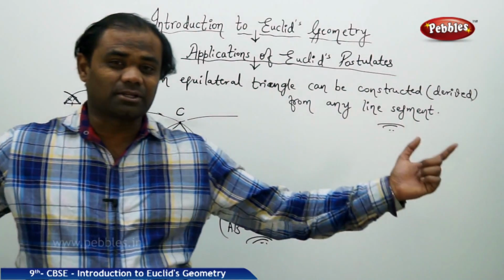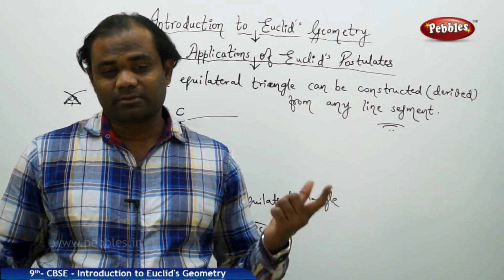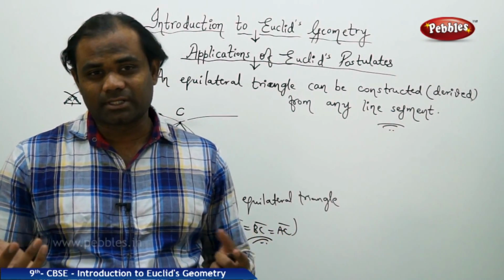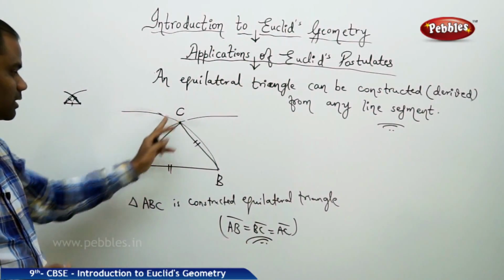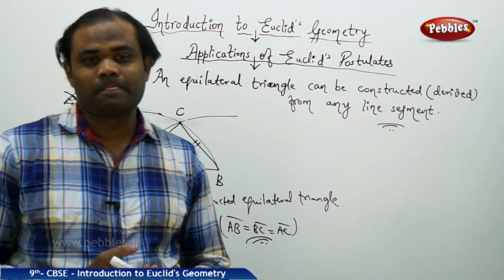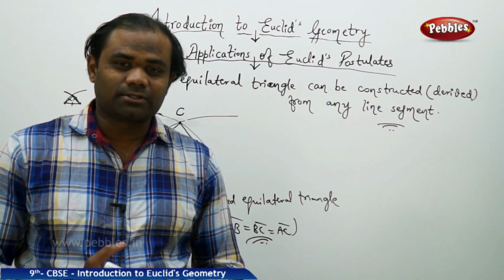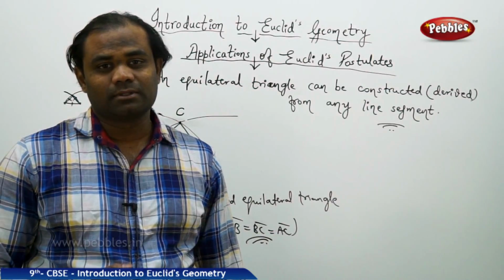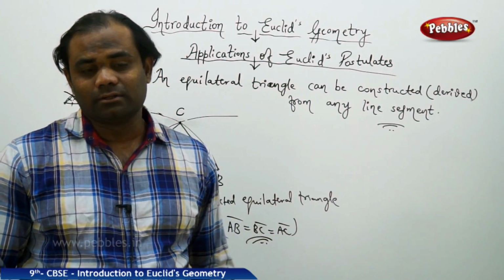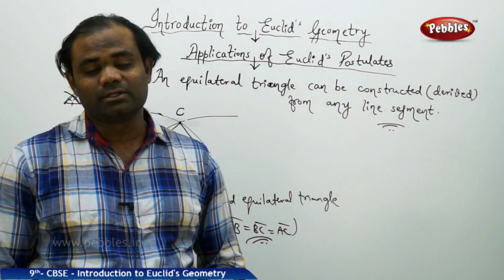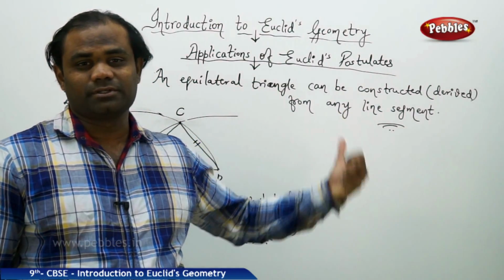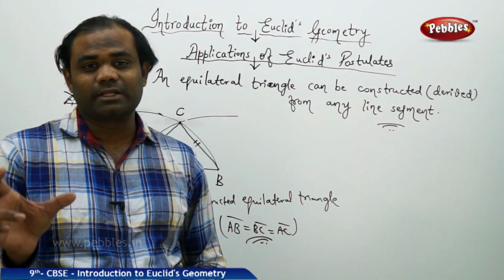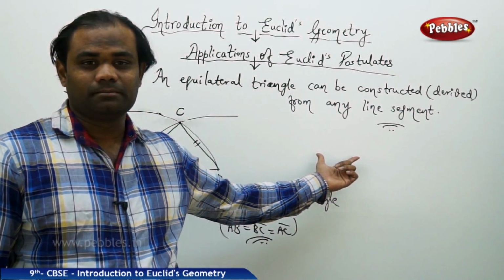Or I take a very big line segment, cut an arc with the respective length of the line segment as radius, and the point where the two circles intersect, I join to the other two endpoints and I get an equilateral triangle. An equilateral triangle can be constructed from any line segment is how we understand the postulates of Euclid applied here: constructing an equilateral triangle from a fixed line segment.